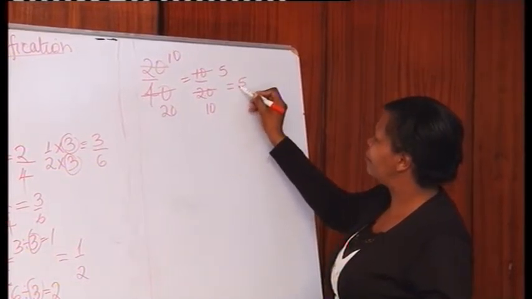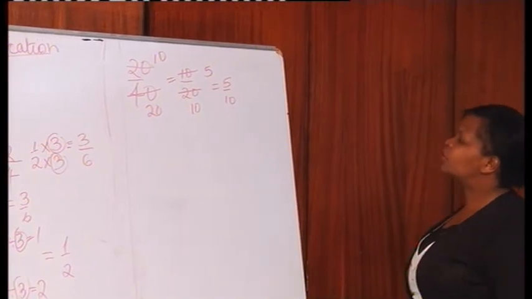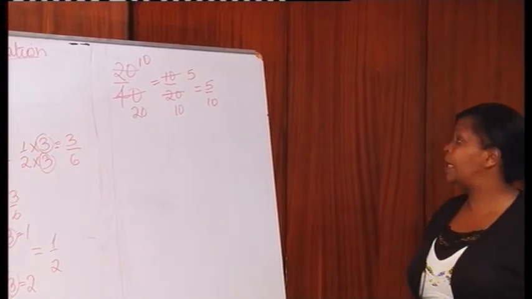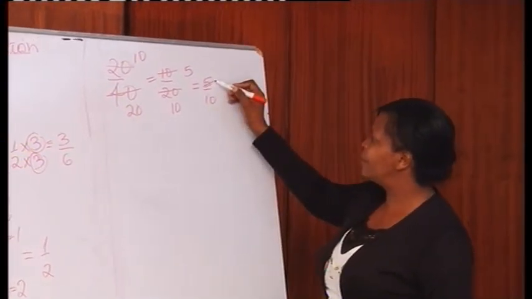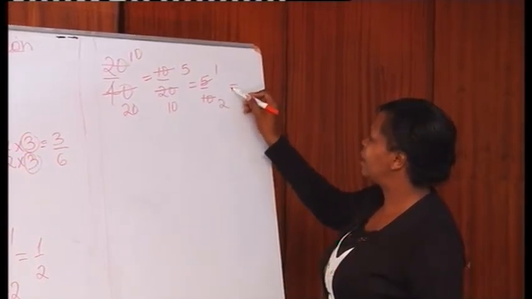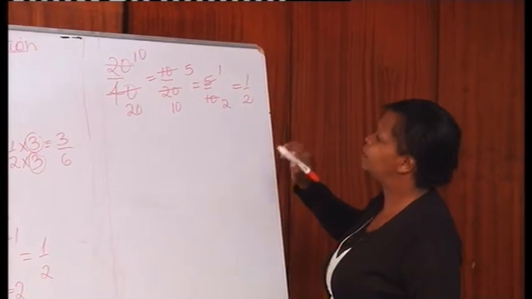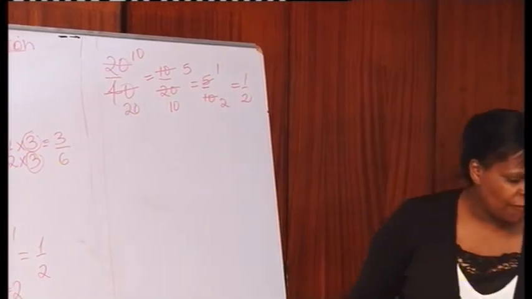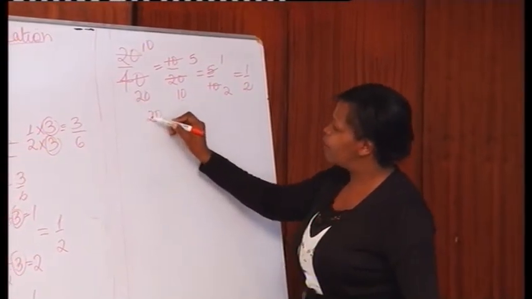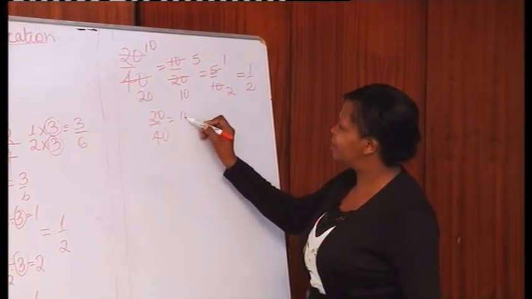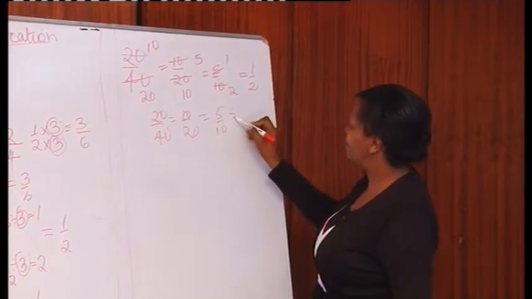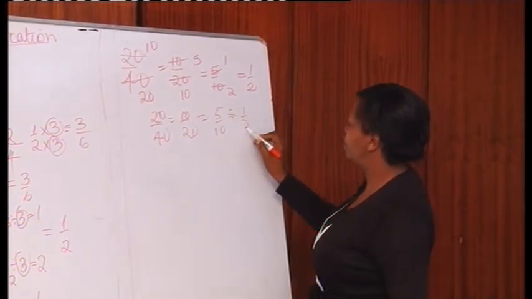So then I'll have 5 over 10. Then I can continue further because these two numbers have a common factor, 5. So 5 divided by 5, I get 1, and 10 divided by 5, I get 2. So the answer will be 1 over 2. Meaning 20 over 40 is the same as 10 over 20, and is the same as 5 over 10, and is the same as 1 over 2.